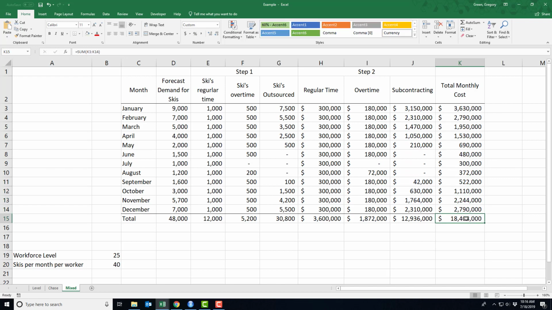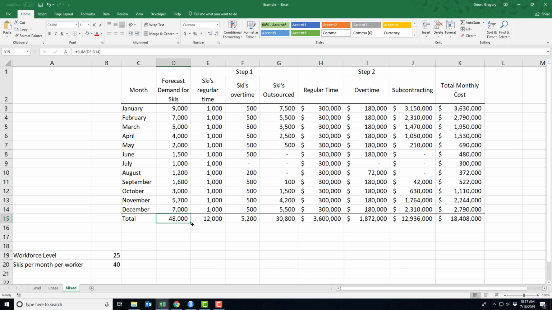Now this last one is the sum of my monthly costs. Or, maybe not obviously, I could have added across this direction. I'd have gotten my 18,408,000 as well. So this mixed method in this particular case is the most expensive method. 18,408,000 in order for me to meet my annual demand.